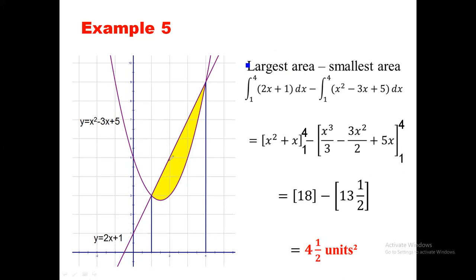If I use a vertical differential element here, this is dx, and this would be your y. At any particular portion, your y would be the same. There is no inconsistency as to how you're going to represent the y. Your y will be the y of the line minus the y of the curve, upper minus lower.